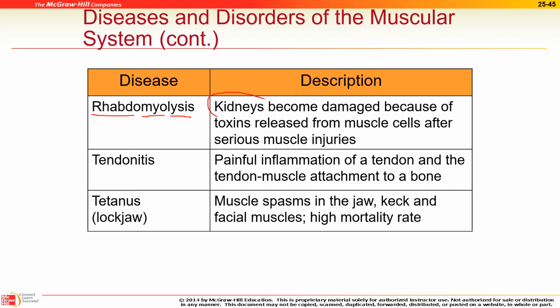And your kidneys have to work overtime to filter out all those toxins that were inside the muscle cells. So if your muscles dissolve, your kidneys take the damage. Tendinitis is inflammation of the tendons. So damage, stress, like tennis elbow, that's tendinitis.